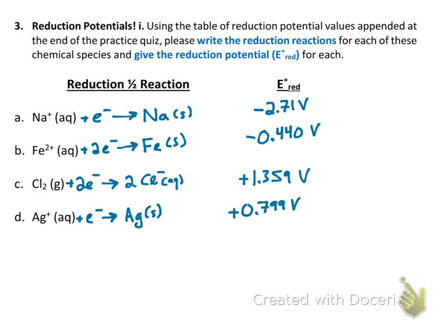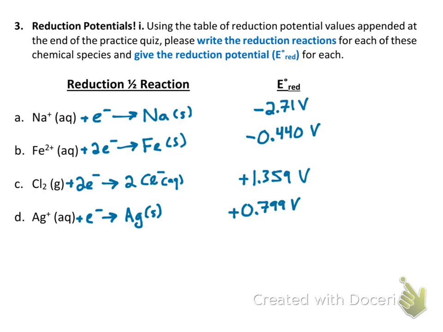Okay, and now what we're doing after that is we're trying to rank these from worst oxidizing agent to best oxidizing agent. So we're trying to rank them from the one that wants to be reduced the least to the one that wants to be reduced the most. So now all we have to do, we've actually done most of the work at this point.